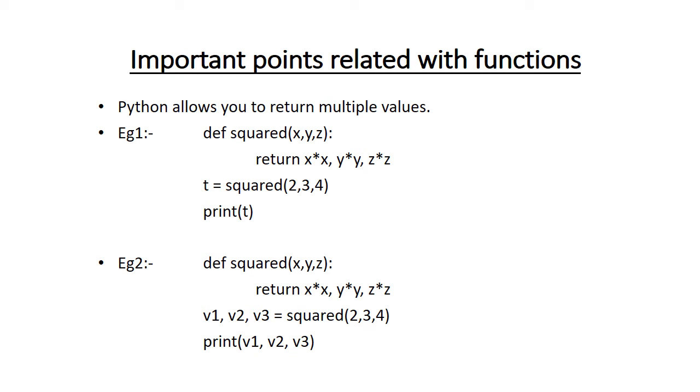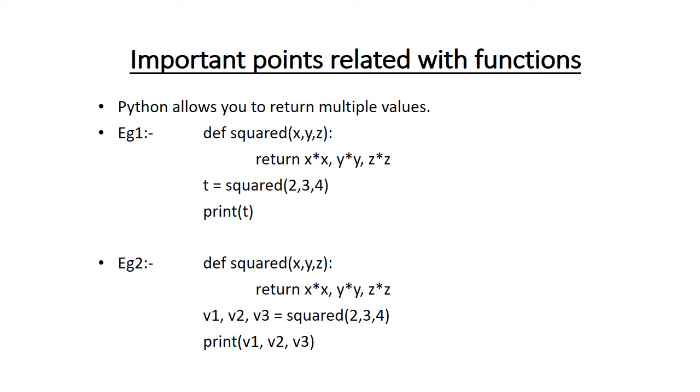When you call a function, the function definition will be executed. So it will return x into x, y into y, z into z. That means 2 into 2, 3 into 3, 4 into 4. That all will be stored in t. And when you print t, you will get the answer 4, 9 and 16.